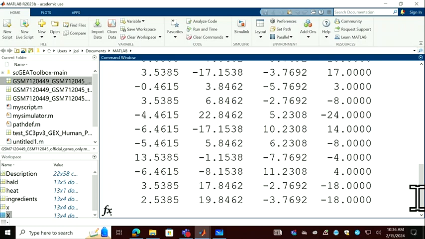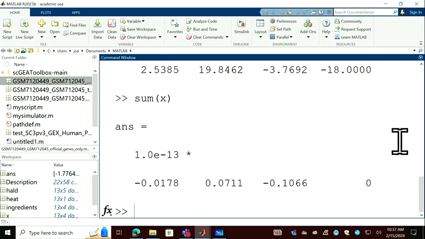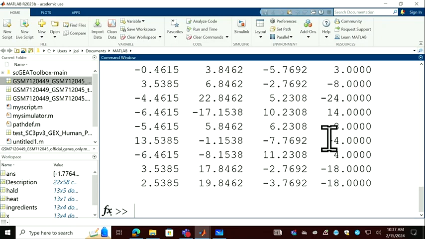We just move our X, Y, Z coordinate system origin to the center of the data. Now if you sum this small x, you should get 0. This is very close to 0, around 10 to the minus 13 power, so numerically it's almost 0. So this is centralized data.